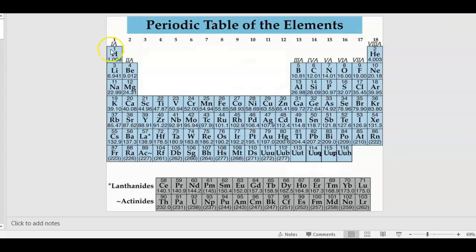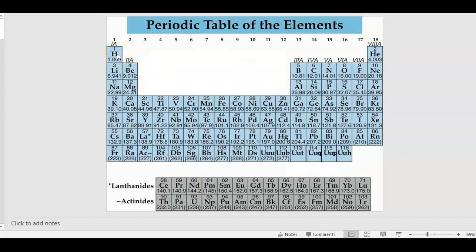And your periods go from left to right. So this is period 1, this is period 2, this is period 3, period 4, period 5, period 6, and period 7. Keeping in mind that the lanthanides and the actinides are not separated from your periodic table. They fit into this groove right in here. So don't ignore these down here.